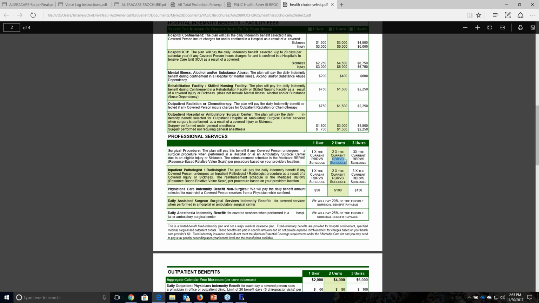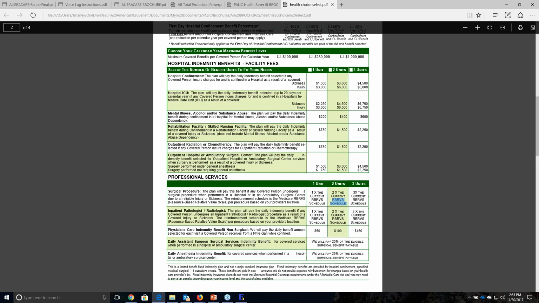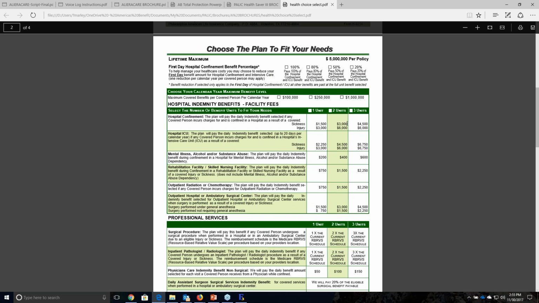So here's a little bit of education. Doctors that accept Medicare sign a contract with the federal government, much like a doctor signs a contract with a PPO or with a UPMC or with Highmark. They sign a contract that says, this is what we're willing to accept as payment for the services rendered. Well, an indemnity plan like this has to specifically say exactly what it's going to pay for every particular service.